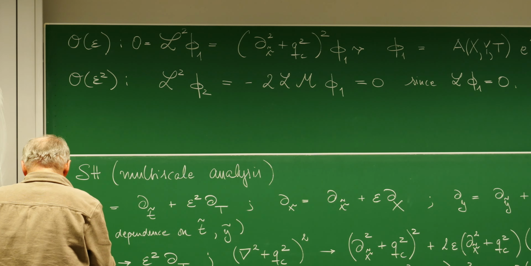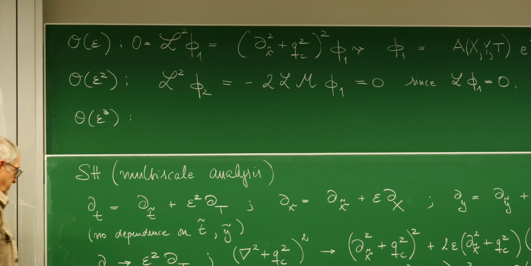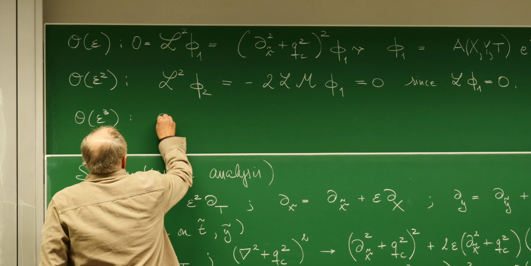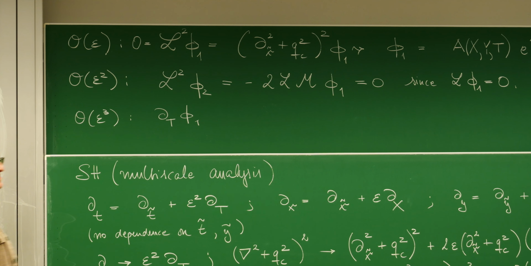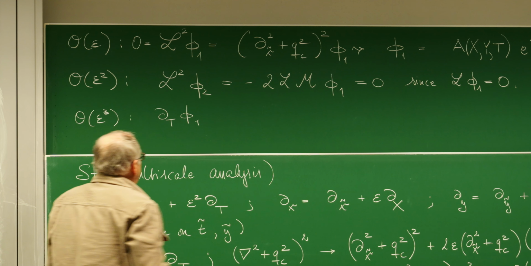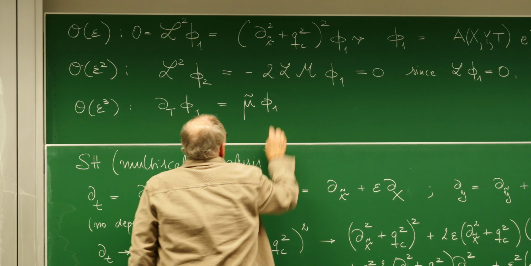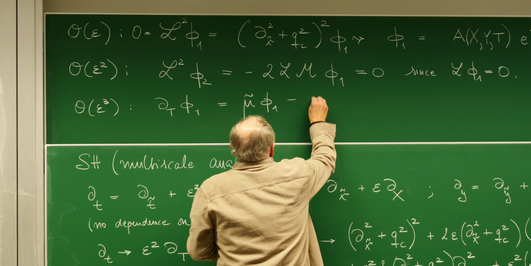So we go to order epsilon to the third. And there we get quite a few terms, because now the left-hand side matters. So we do get dt, but dt of phi 1, right? Because the phi 1 was the lowest order term in the expansion for phi. And that's equal to mu twiddle phi 1. And then let me just write it down.